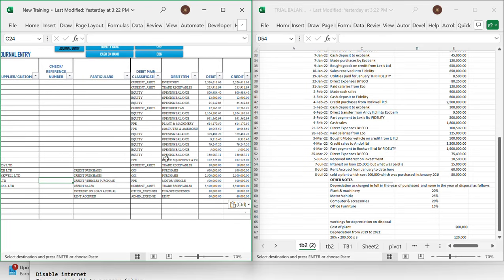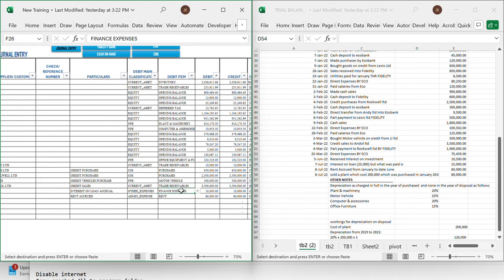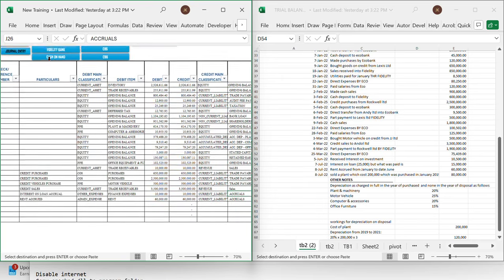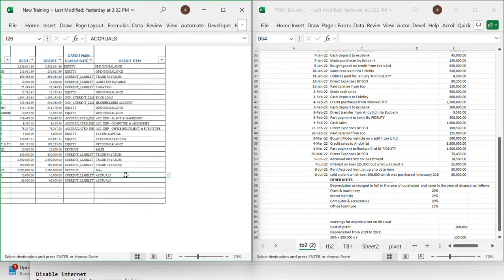We debited other income, and then the sub classification or the item is going to be the finance expenses, and then we credited our current liability accruals, right? So if you want it to be specific, you could enter accrued interest in the chart of account, and then you select it over here. This is as simple as that.